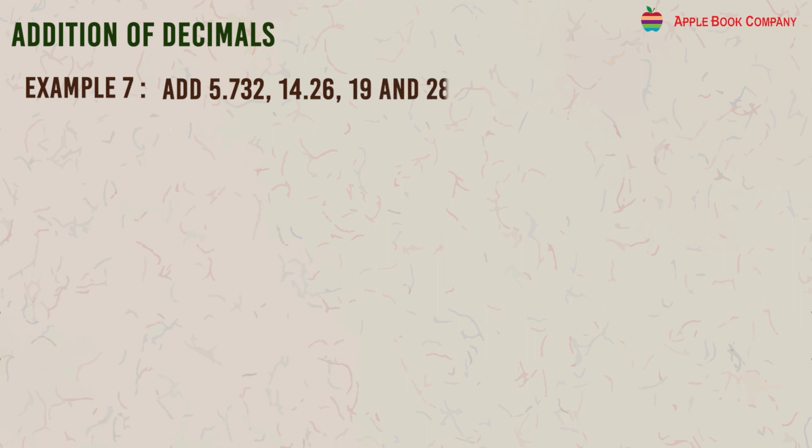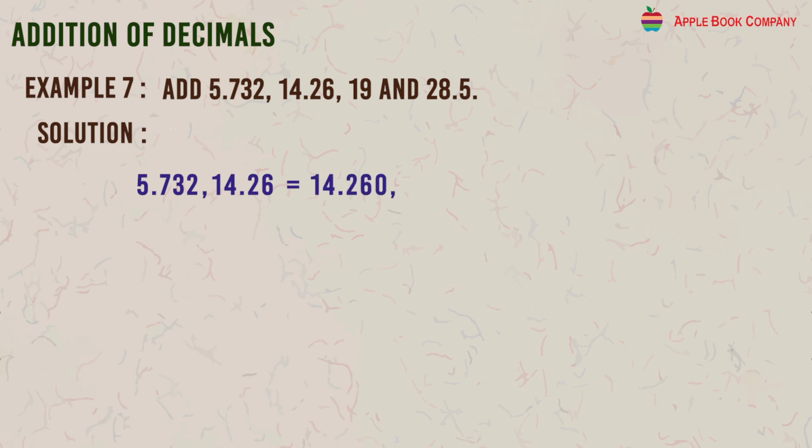Example 7. Add 5.732, 14.26, 19 and 28.5. Solution. Convert to like decimals. We have 5.732, then 14.26 can be written as 14.260, 19 can be written as 19.000, 28.5 can be written as 28.500.